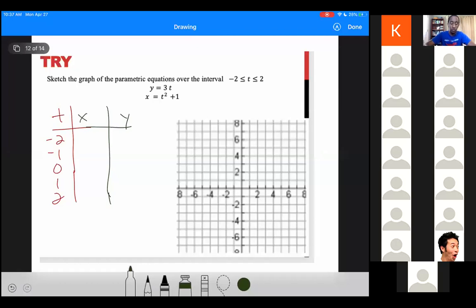Claudia, could you tell me what you got for -2? Jimena, could you tell me what you got for -1? Sophia for 0, Brianna for 1, and Natalia for 2. For X, I got 5, and for Y, I got -6.